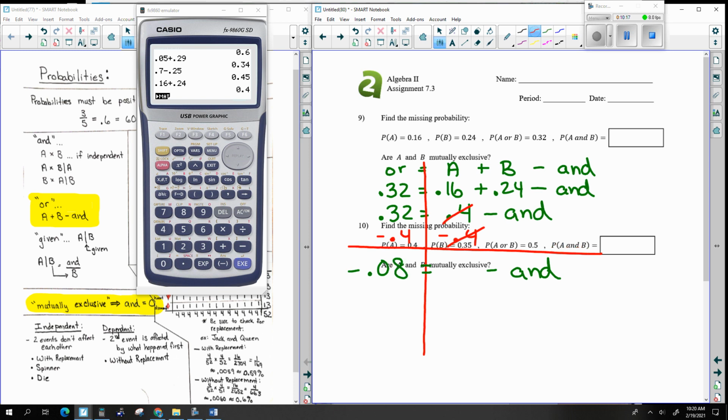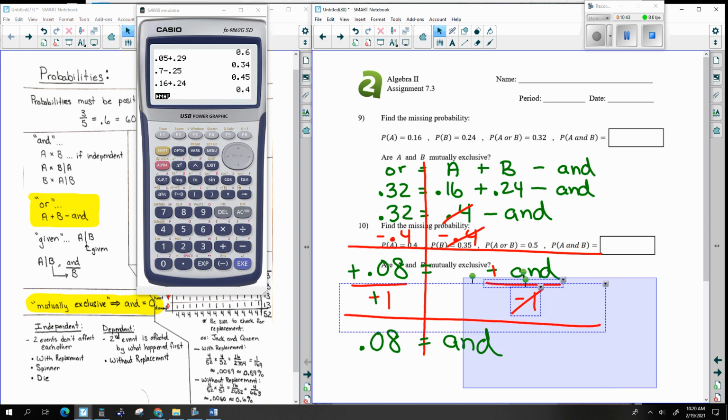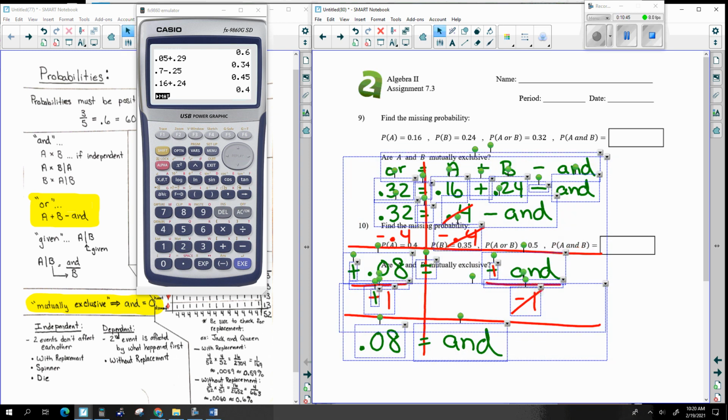Then I need to get the regular and, so what I usually do is I divide by negative 1, and that eliminates the negative sign. So that leaves me with my regular and is equal to, negative signs cancel out, 0.08. Let me shrink this down and talk about this a little bit more.